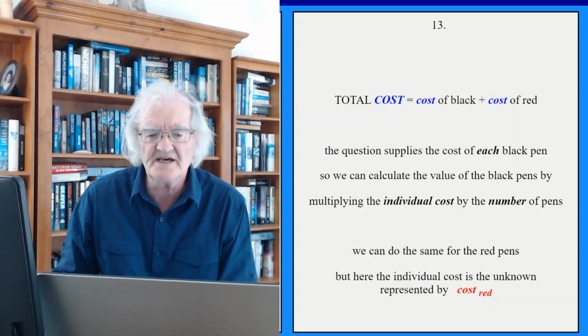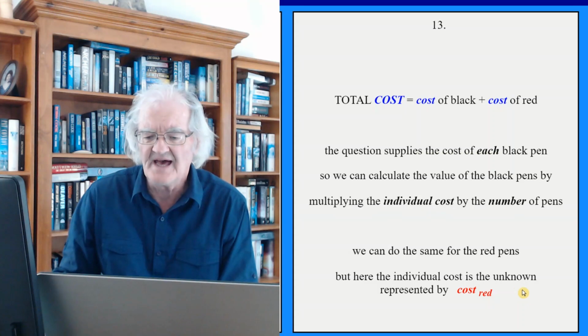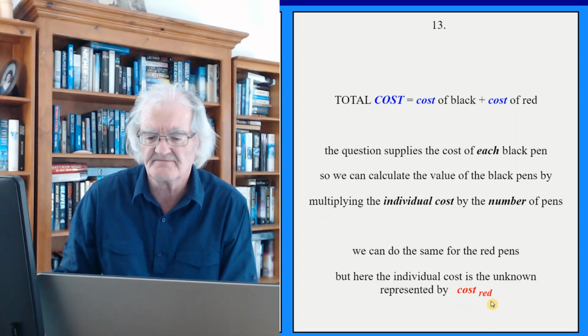But in this case, it's only a subtotal because we have two different types of pens to focus on. When we do it for the red pens, the individual cost is the unknown, and it remains in the equation represented by cost of the red, but remember, we abbreviate.